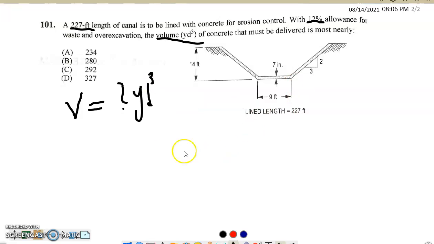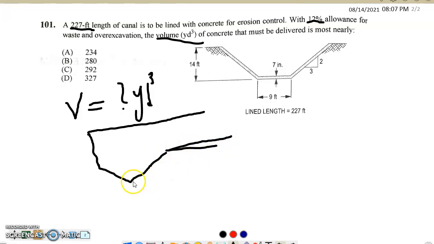So let's begin. The best way to look at this question is to actually look at it from the side view. So let's say we have something like this. Let me try to redraw that.